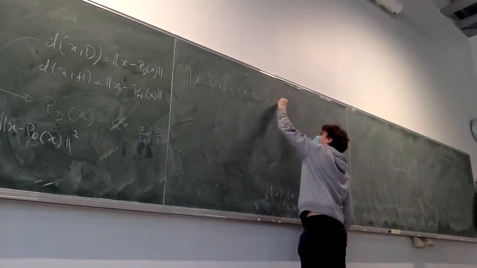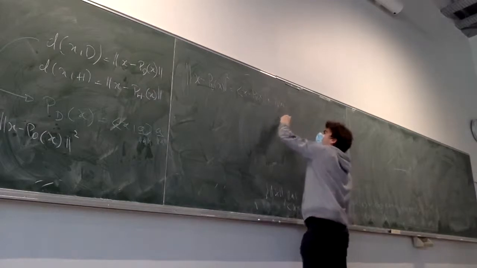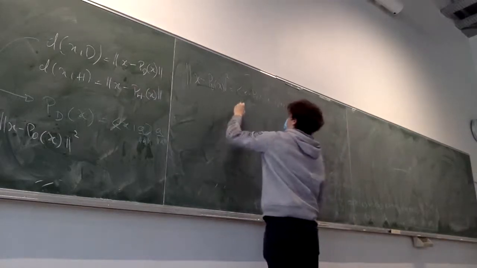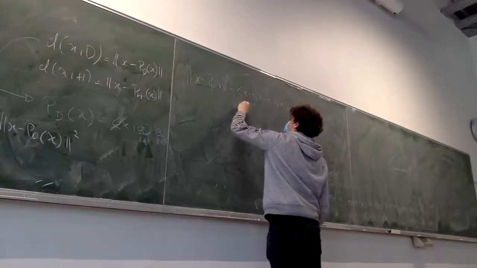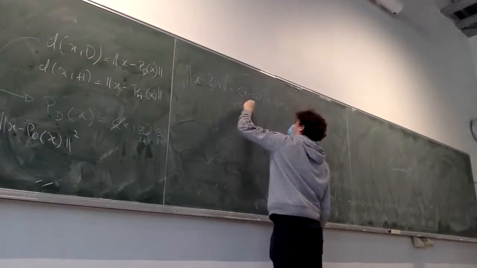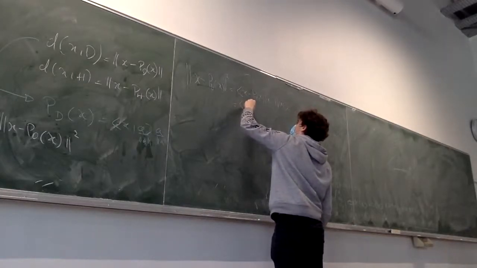But if you don't know formulas, like me, try to find them again, or know how to find them quickly. So, for the norm squared, we just expand the inner product.